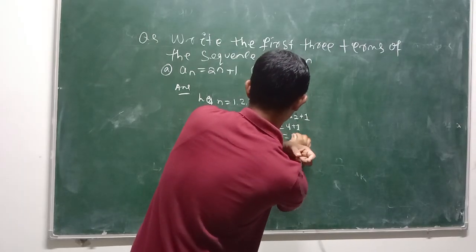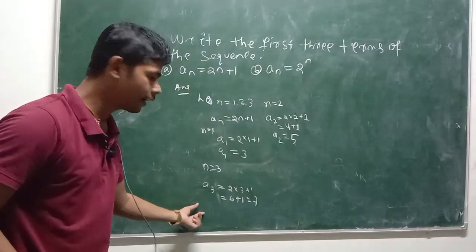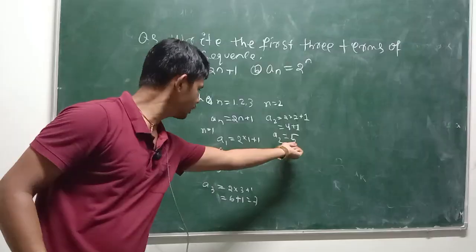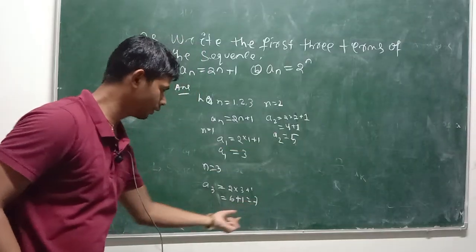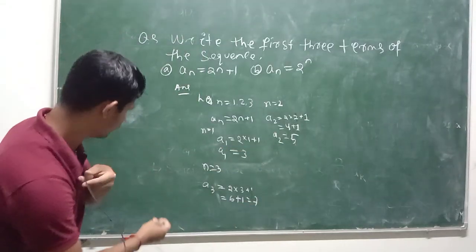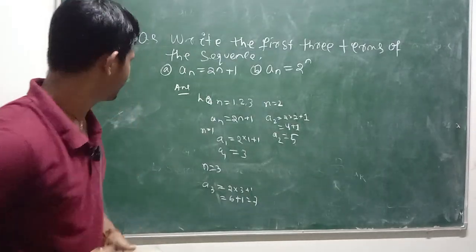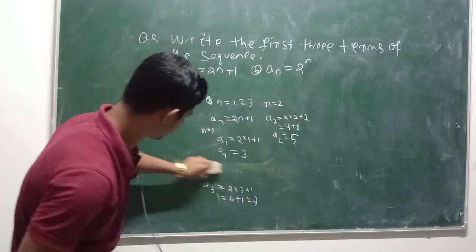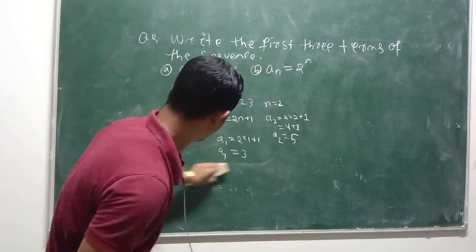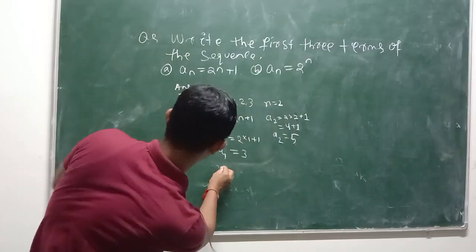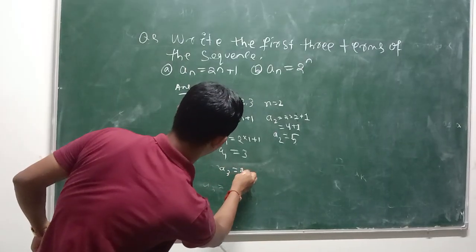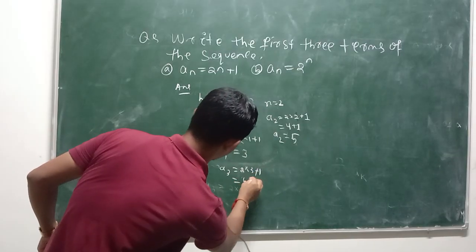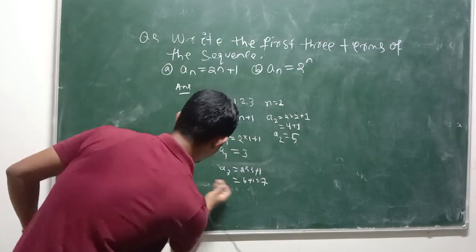We get a1 is 3, a2 is 5, a3 is 7. So we erase this one, and here a3 we get 2 into 3 plus 1 is equal to 6 plus 1 is equal to 7.